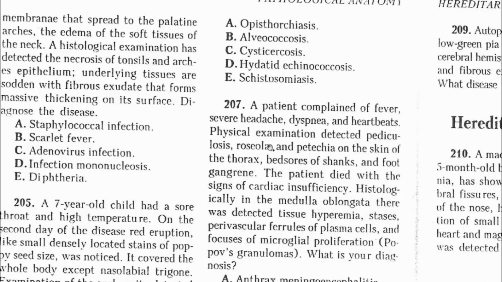Okay, for the formation of a bladder-like formation with flat surface, this is hydatid echinococcosis. So it's D.